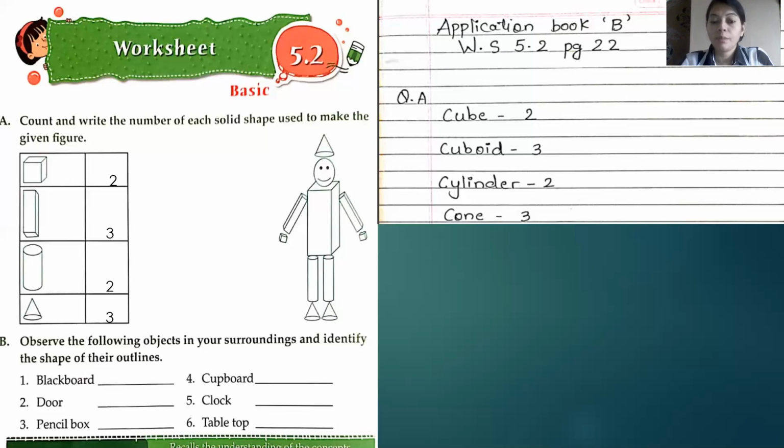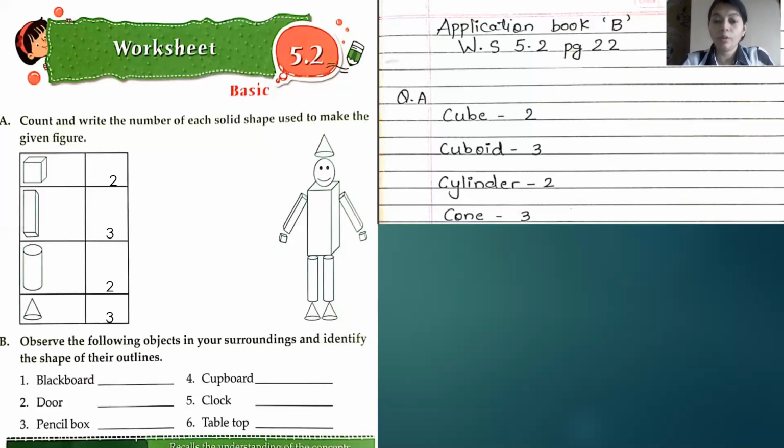Then the last shape is cone. Leave one line, write the spelling of cone, C-O-N-E. Put a dash and then write number 3. So I hope you have written in the same way how teacher has written in the notebook. Okay. Why is teacher asking you to write the page number? So that you can refer the answer.